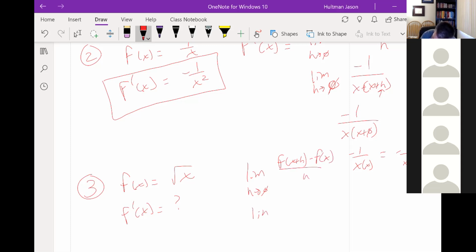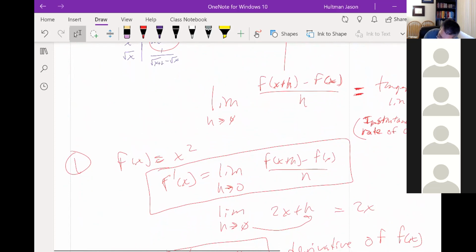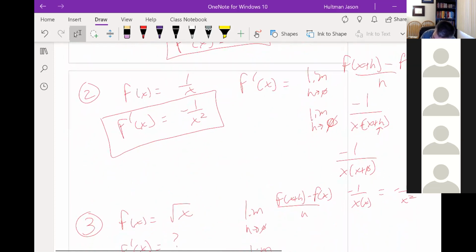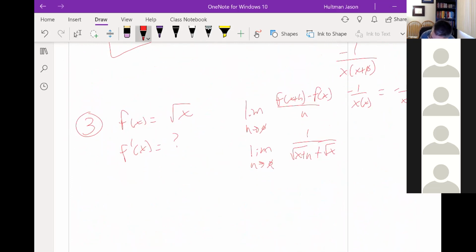Again, we already calculated this difference quotient in the previous section. It was 1 over radical x plus h plus radical x. Now let's plug in 0 for h, and we get 1 over radical x plus radical x, so this is 1 over 2 radical x.